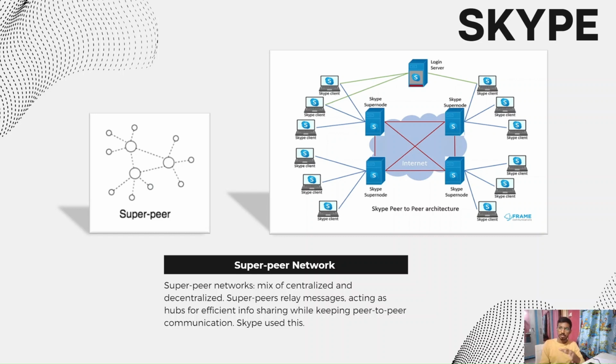For example, this is the architecture used by Skype. You can see they have four super nodes, and all the participants join to these super nodes. They transfer their data to them, and these super nodes are connected in a mesh network, and then they share the information, and it is broadcasted back to everyone. So this is the next architecture that is most commonly used.